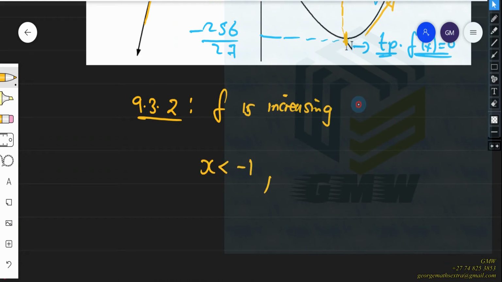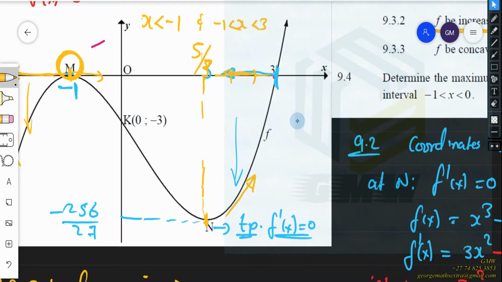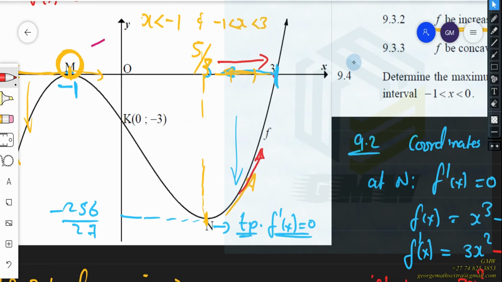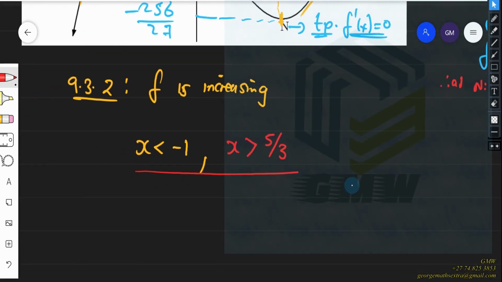And again, f is increasing for all the values that are bigger than 5/3. All the values in this direction, surely the function is increasing. So we are saying x is also greater than 5/3. This is how this question was supposed to be answered.